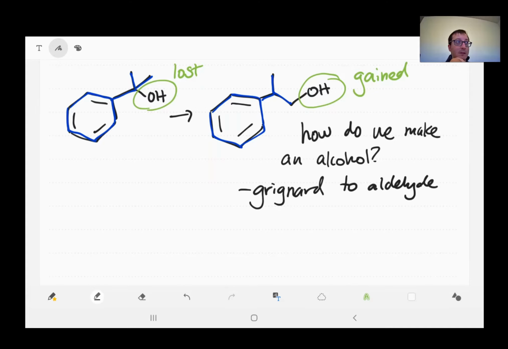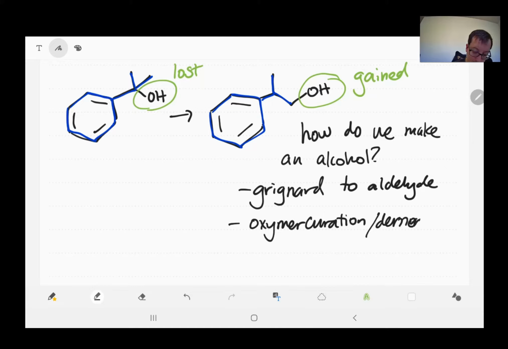Okay, how else do we make alcohols? Mercury? Yeah, mercury. Or oxymercuration, rather. Demercuration, okay.